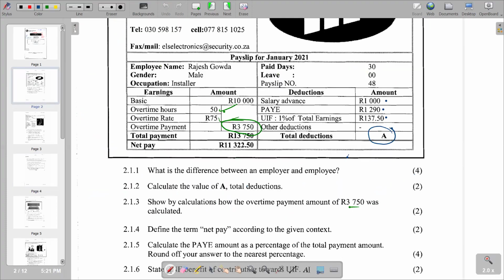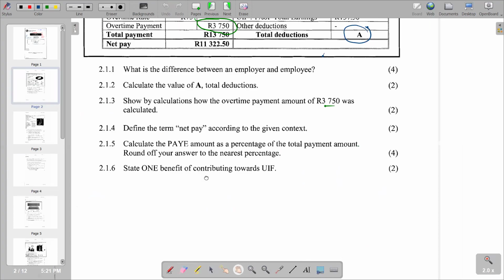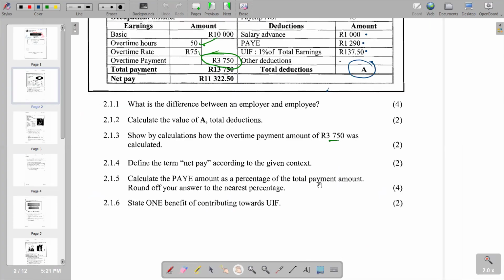When we go to the next part of our question, which reads, calculate the PAYE amount as a percentage of the total payment amount. Round off your answer to the nearest percentage. So we are supposed to present your PAYE as a percentage of total payment. PAYE will become the numerator, and the denominator becomes your total payments, and it's going to be 100 over 1.